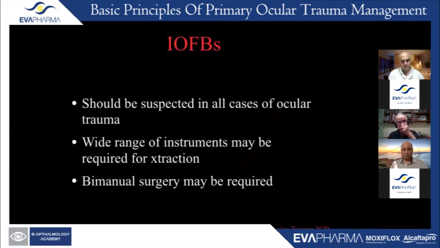Okay, so what about intraocular foreign bodies? As I mentioned earlier, it has to be suspected in all cases of ocular trauma. There is a wide range of instruments nowadays which are required, and you should have them ready if you're operating on these patients, because each intraocular foreign body is a different case in itself, with different sizes, different material, different tissue damage involved.